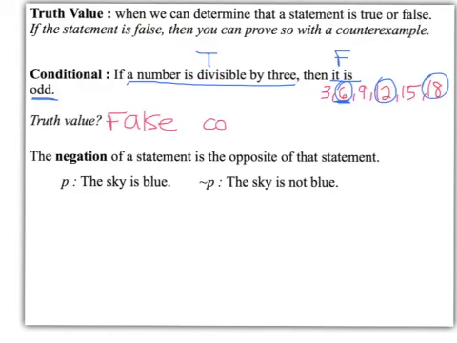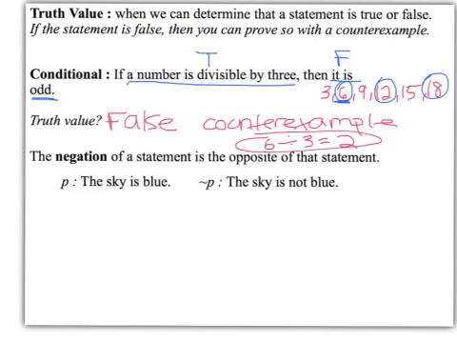And our counterexample would just be 6 divided by 3 is 2. So this is divisible by 3, and the number 6 is not odd, so 6 is even.